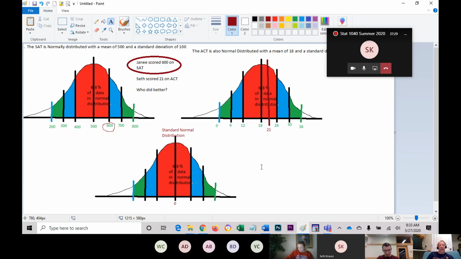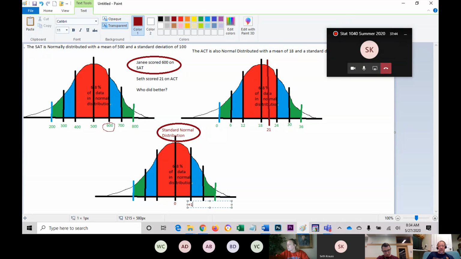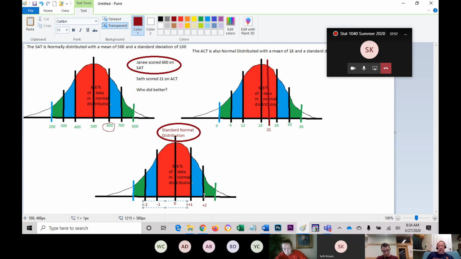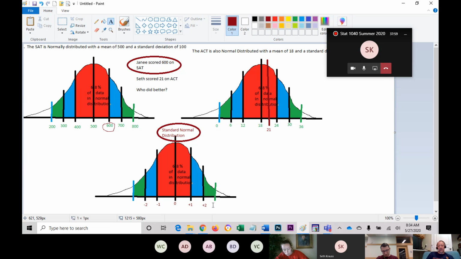I'm telling you today, when I ask you about the standard normal distribution, the mean is always 0 and the standard deviation is always 1. So this would be +1, this would be -1. And therefore, this is +2 and -2 and +3.